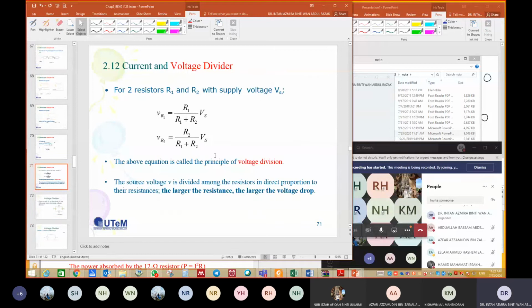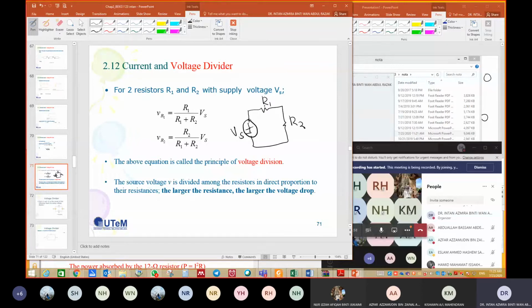Consider this circuit. Let's say we have series resistors and a voltage source. This is Vs, the voltage source. This is R1. This is R2. So how to find VR1? R1 divided by the summation of all series resistance.